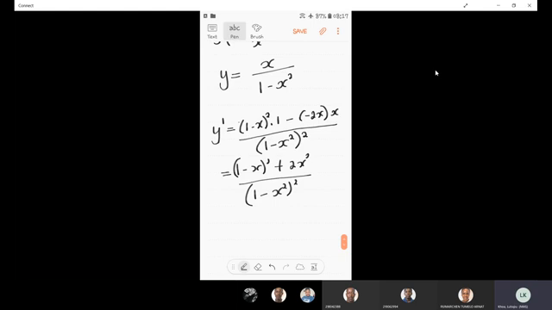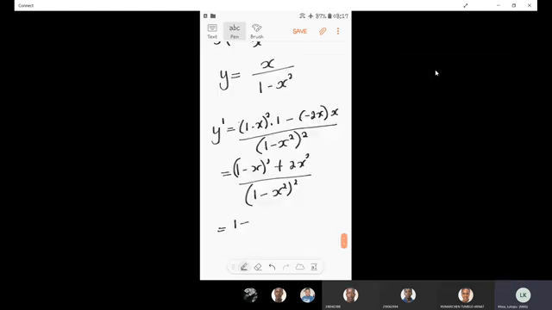Now in the numerator, I can multiply out the bracket and simplify this. This is just 1 minus 2x plus x squared plus 2x squared.